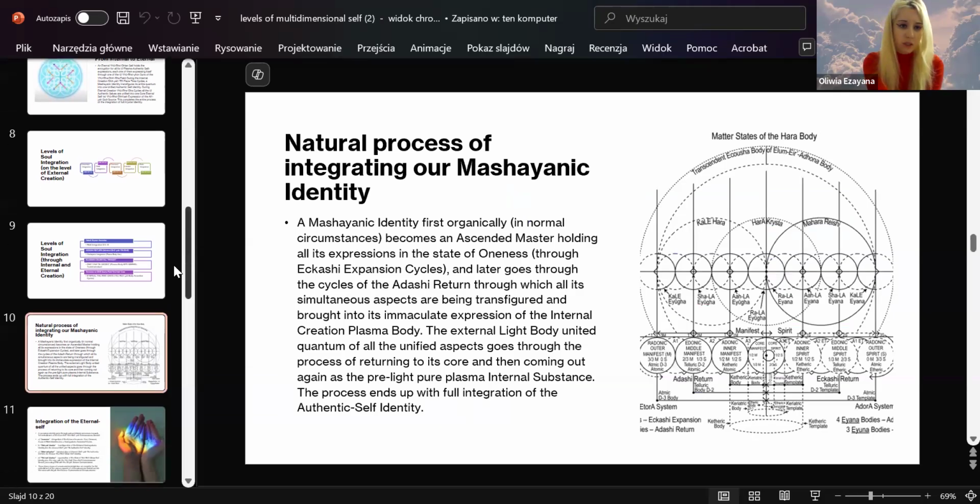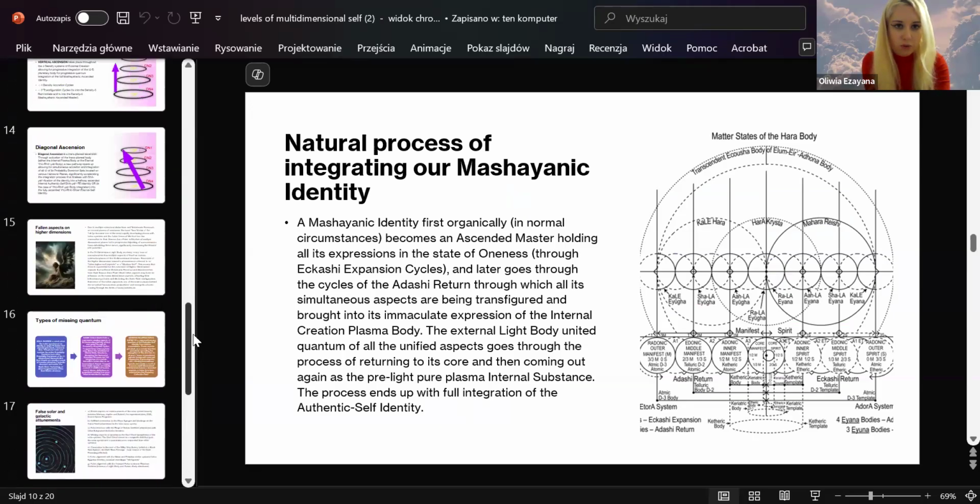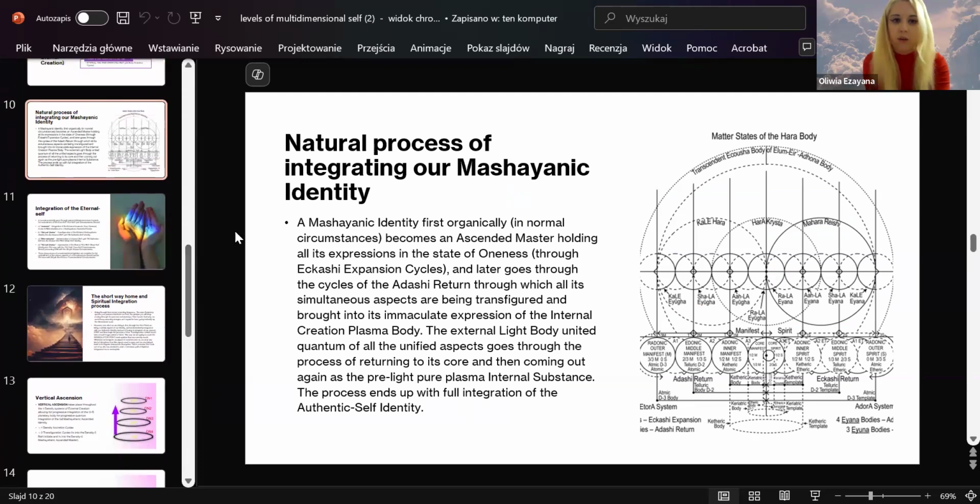In order to understand how all of this works even better, there is a certain thing that I would like to mention here. And it is the natural process of integrating the Mashayanic identity. The Mashayanic identity is the full external creation identity. And basically, it goes through certain cycles through which it is coming back into its core.